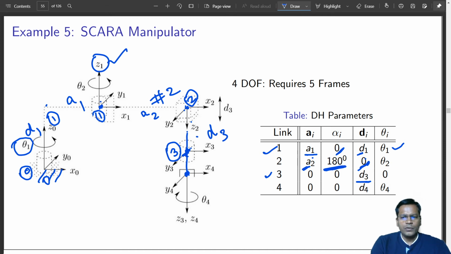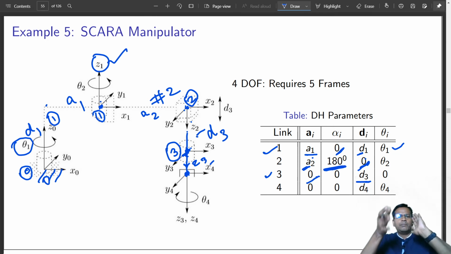There is no link length again, because z3 and z2 have no distance between them, so that is the reason it is 0. There is no angle between z2 and z3, so that is 0. There is no twist.